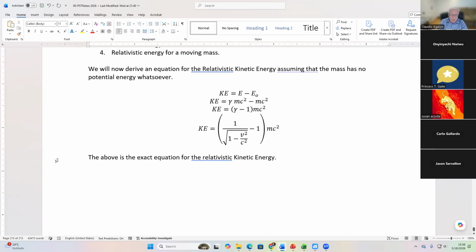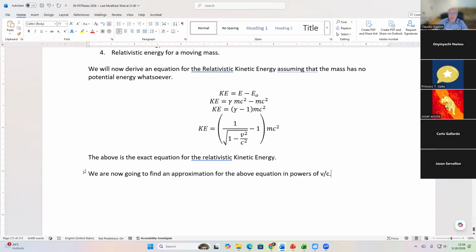We are now going to find an approximation for the above equation in powers of v over c. Okay, we can do that.